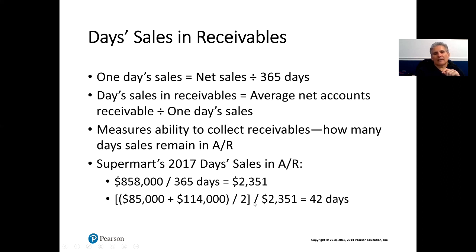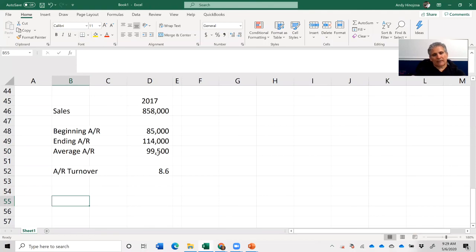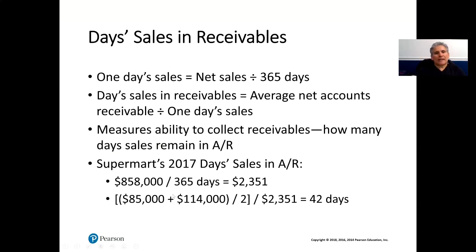And then we're going to divide the average accounts receivable, this number here, we've already done this. What did we come up with before? 99,500. 99,500 divided by the 2,351 gives us 42 days. So on average, our accounts receivable collection in days is 42. And then we have to look at that number and compare it to others in the same industry standards, or even one other company, to see if we're doing better than that one or not doing as well as that one.